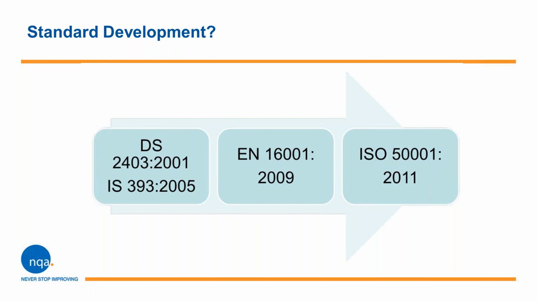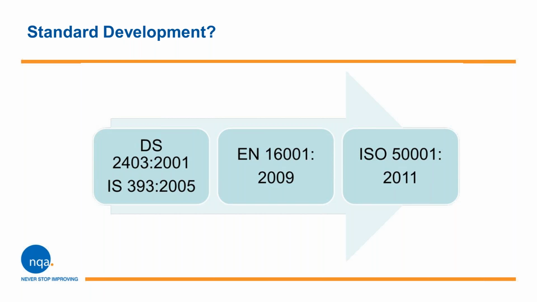So where did 50001 come from? Energy management standards have been around for some while, obviously not as long as environmental standards. Started out in the early 2000s with the standards that you can see there.